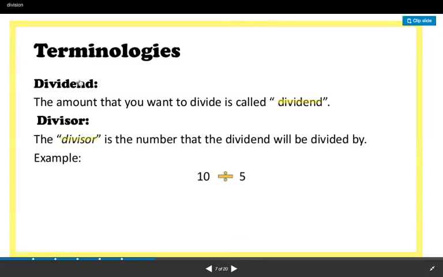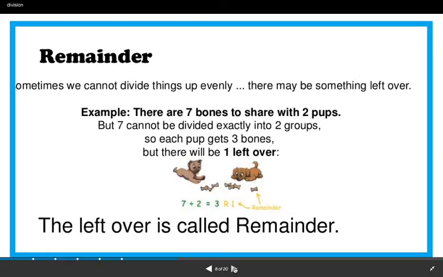In division, we have the dividend, which is the amount you want to divide, and the divisor is the number that the dividend is divided by. So your first number is your dividend, your second number is your divisor. The answer is called the quotient. So like right here, the 3 would be the quotient.